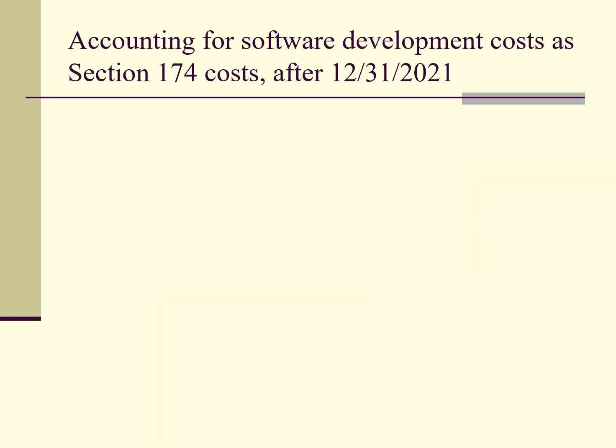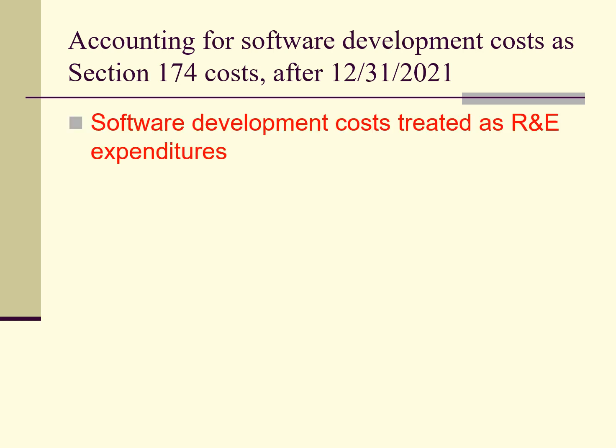Let's now discuss software development costs treated as research and experimentation expenditures in years beginning after 12/31/21. For tax years beginning after 12/31/21, any amount paid or incurred in connection with the development of any software is treated as a research or experimental expenditure.